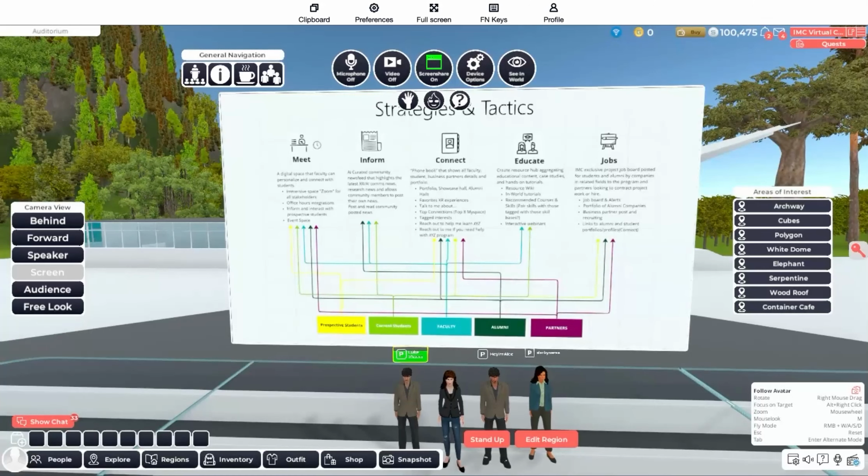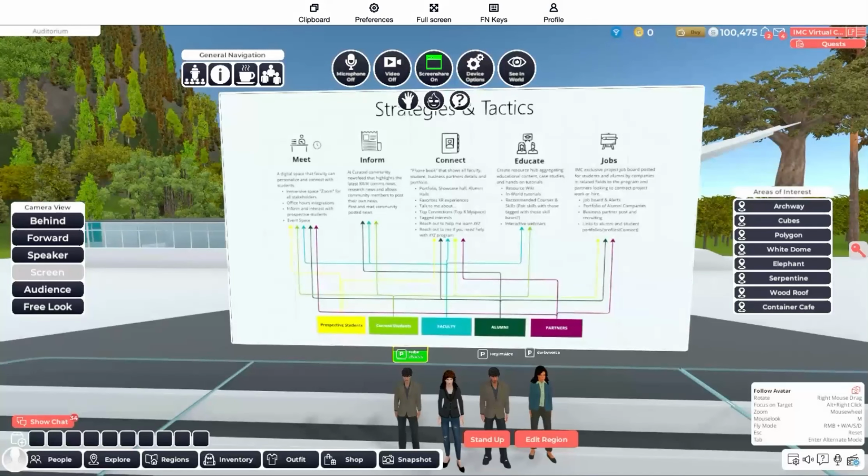And for meet, the overall goal with a few of the tactics you may see, was just providing a digital space that faculty and other users can personalize and connect with each other in virtual meetings. So trying to replace that Zoom element.